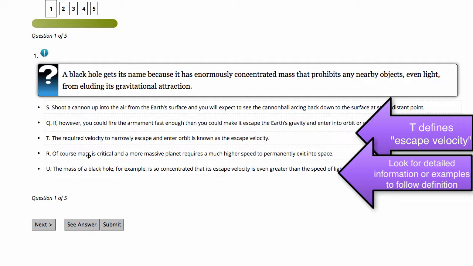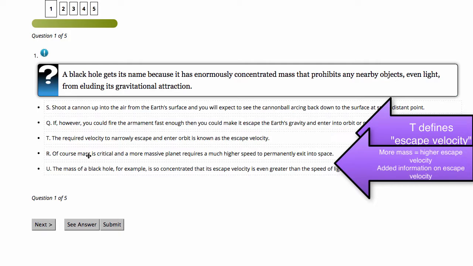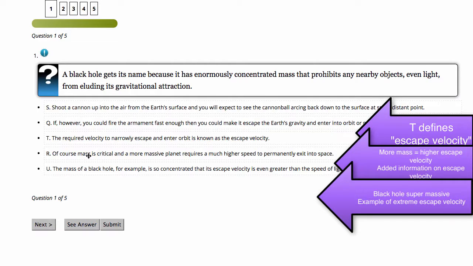R says, of course, mass is critical, and a more massive planet requires a much higher speed to exit permanently into space. So that escape velocity has to be higher if the planet or object is more massive. That's a specific detail about escape velocity as a follow-up to T. And then U is an even more specific detail about the escape velocity itself.